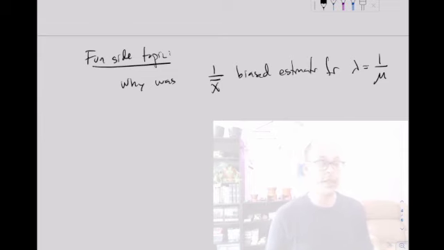There's a little bit to say here. The technical tool that we're going to use is a fun side topic in itself, and that is Jensen's inequality.